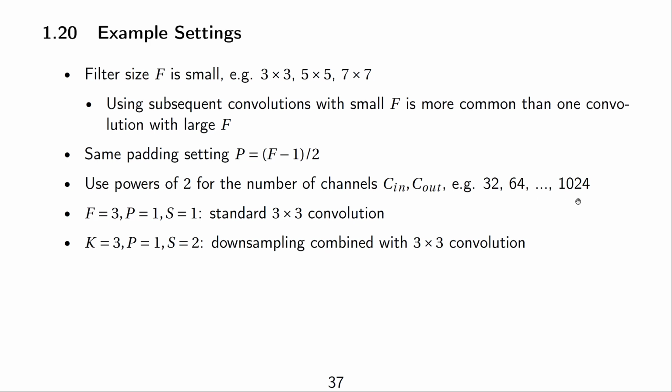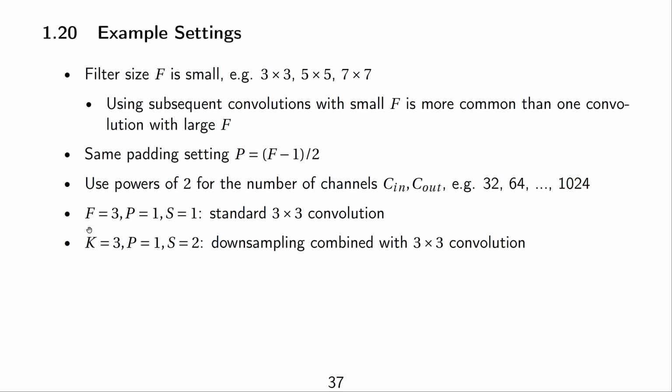It is not uncommon to see neural networks that have tensors with 512 or 1024 channels. It is also not uncommon to see neural networks that process images where the resolution gets smaller and smaller and the number of channels grows larger and larger.